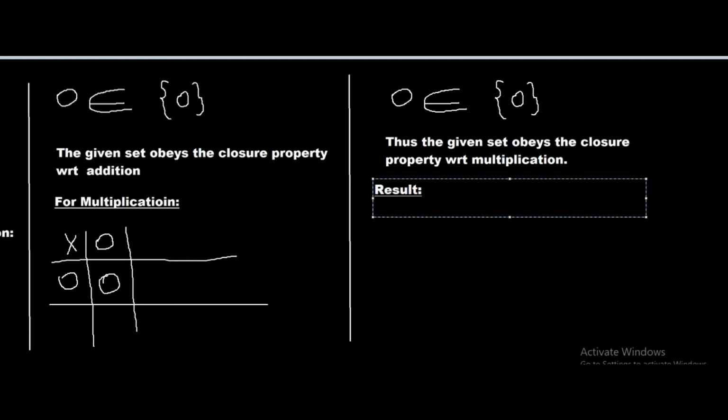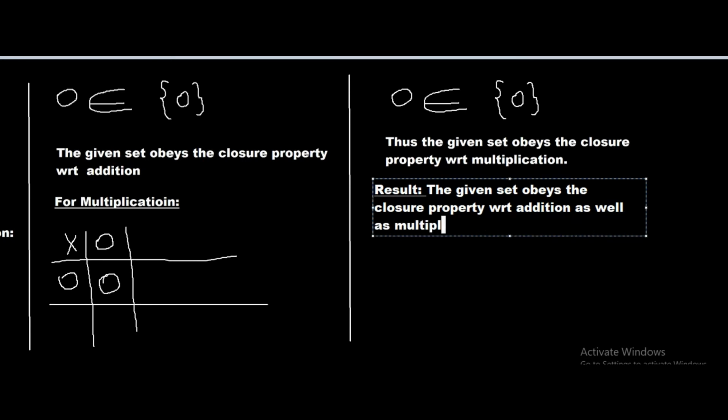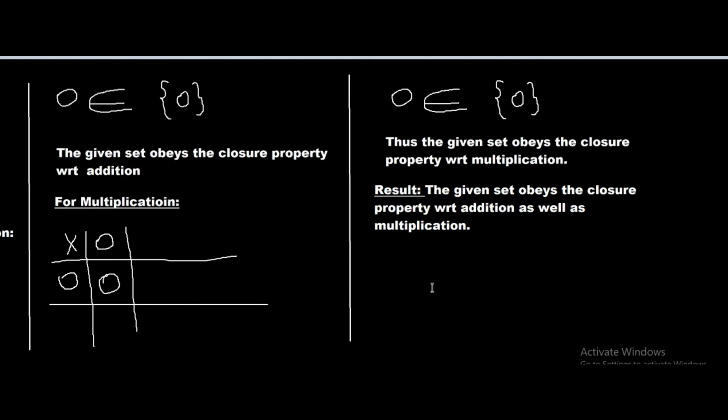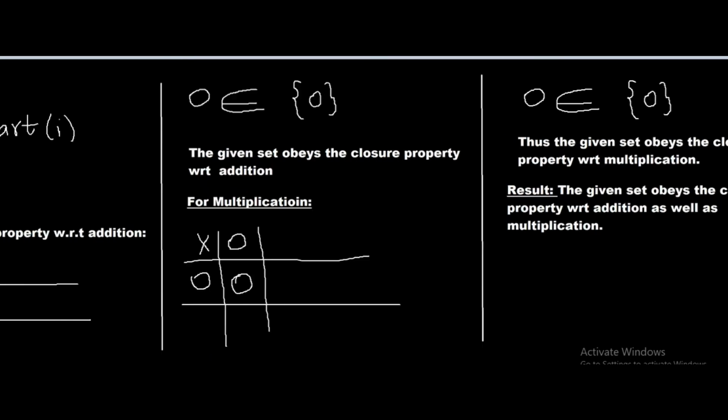The result is: the given set obeys the closure property with respect to addition as well as multiplication, because both of these properties have been verified for this set. So this was part 1 of question 1.